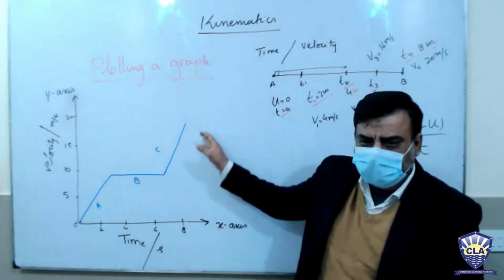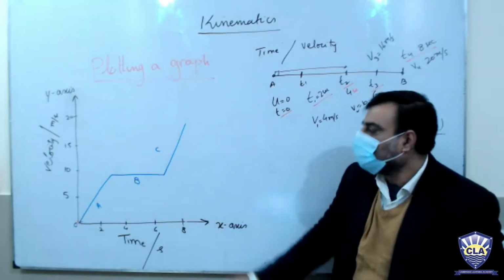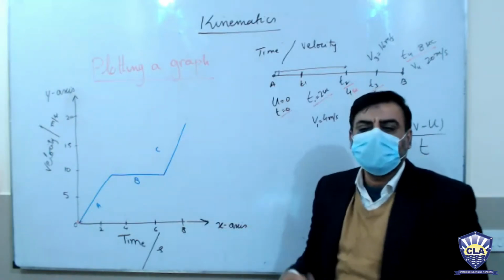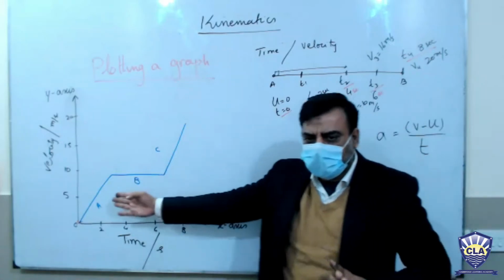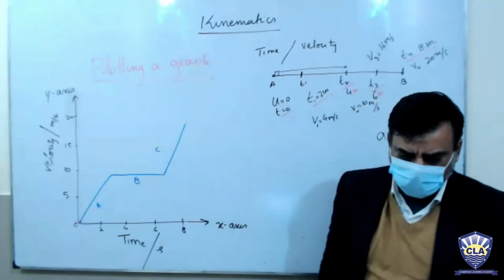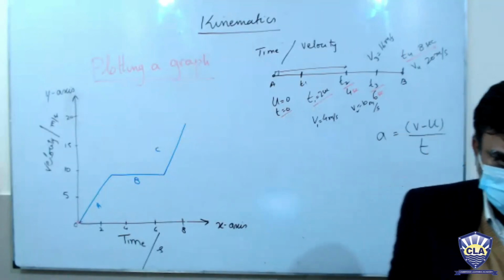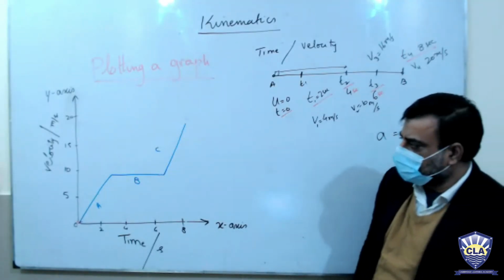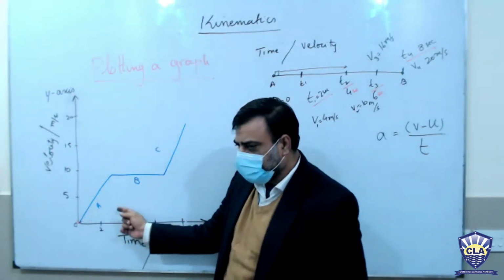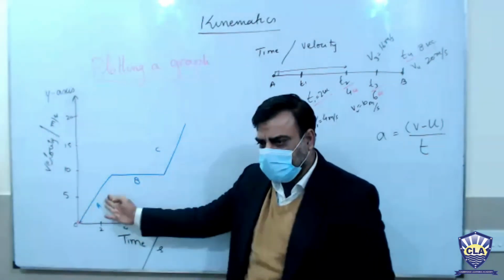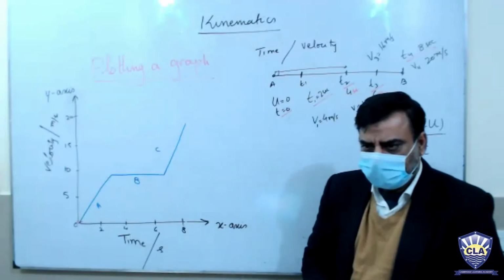What's happening in stage C? Again acceleration. All right, can we compare the accelerations of stage A and C? When we compare, what do you figure out, where is the acceleration more, at A or at C?